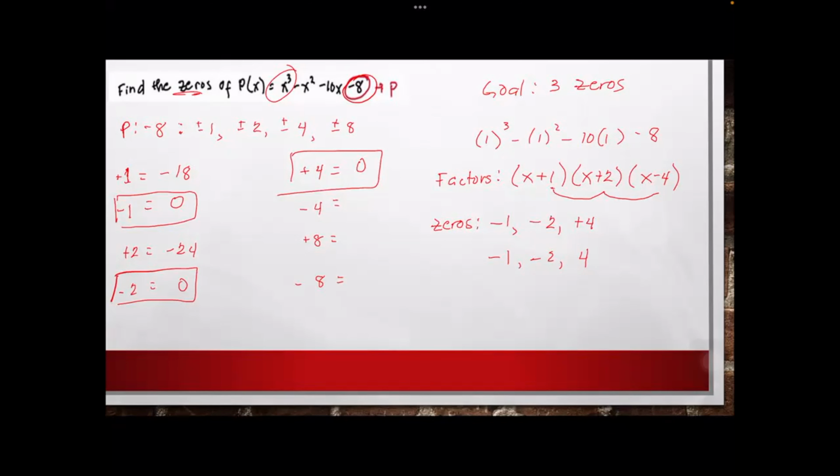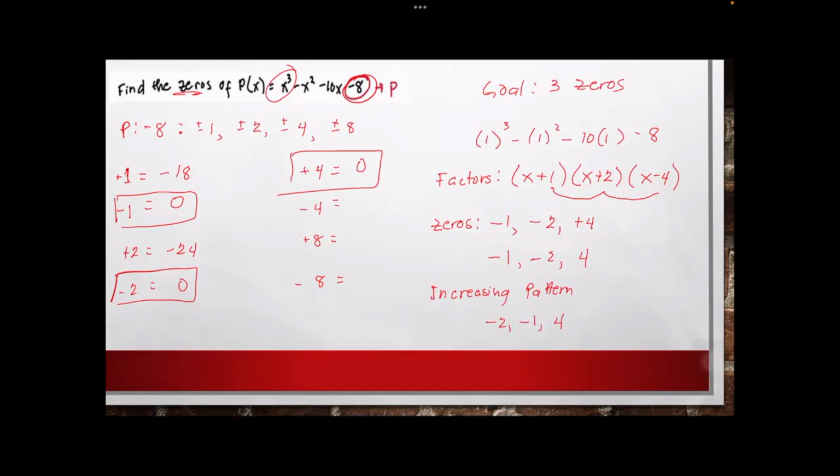So, sino dapat ang mauuna? Si negative 1 o si negative 2? Anyone? If it's increasing, yes, Aure. Negative 2 po. Okay, so if it's increasing pattern, meron ka ng negative 2, negative 1, and positive 4.